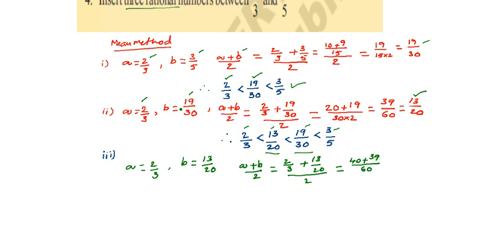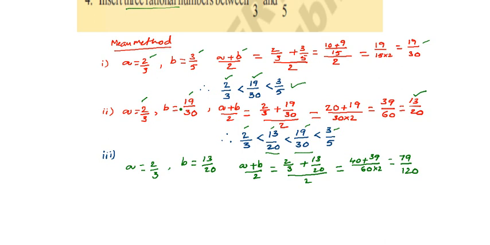Already there is a 2 in the denominator. Now it is 79 by 120. Am I right? Look once again at what we have taken.